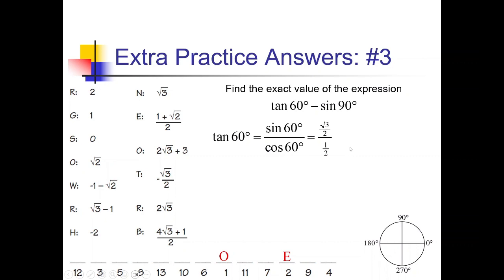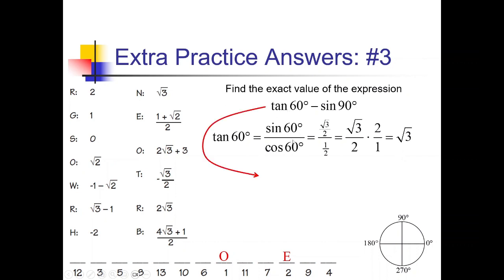To simplify this fraction, because that's none of the answers over here so far, we're going to do same change flip, multiply by the reciprocal. So we have our numerator, radical 3 over 2, times, and now I'm going to flip this denominator to make it 2 over 1. These 2's are going to cancel, leaving me with radical 3 over 1, which is just radical 3. So that's just the tan of 60. I still have this minus sine of 90 to contend with. So let me bring my work down here now.